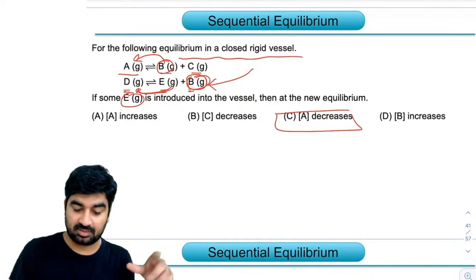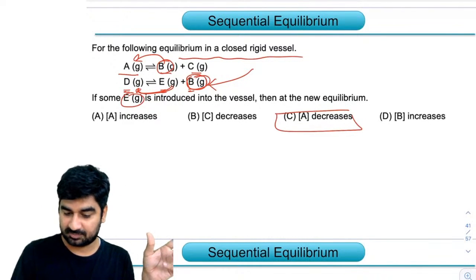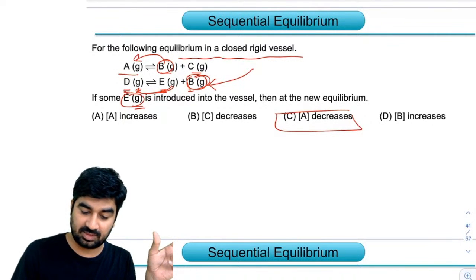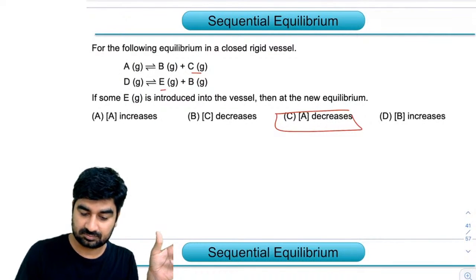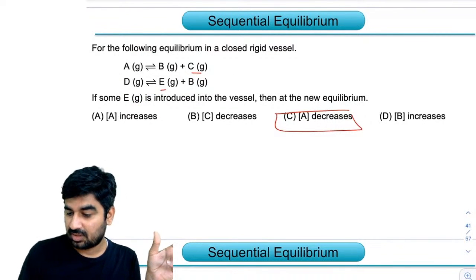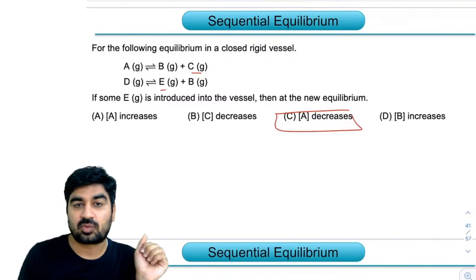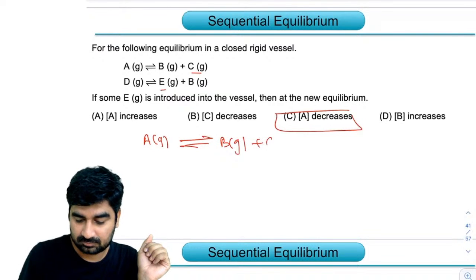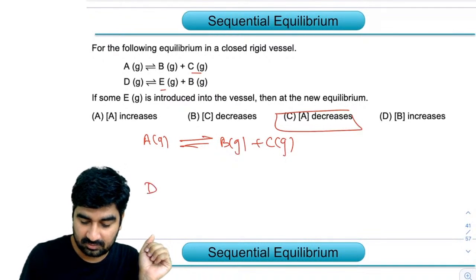No, D gas is being formed. Okay, okay. Some E is introduced in the vessel, then what will be the impact on the concentration of A? Hi, Aryan. So, what will be the impact? E gas, C gas.